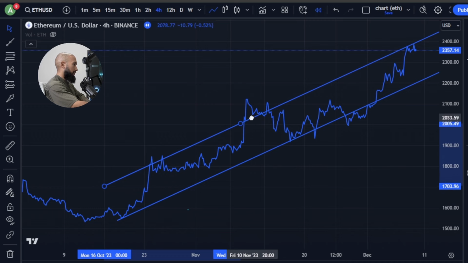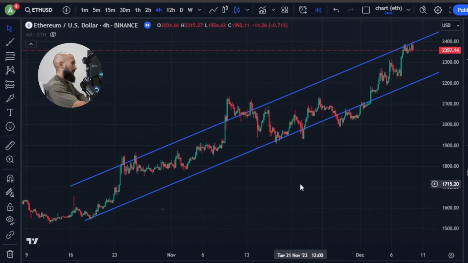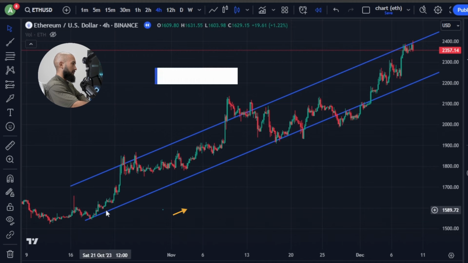So I'm going to have the top of this channel be right here. Now we're going to go back to the candle view, and we can clearly see we have an ascending channel, which means price is ascending or going up in this channel.